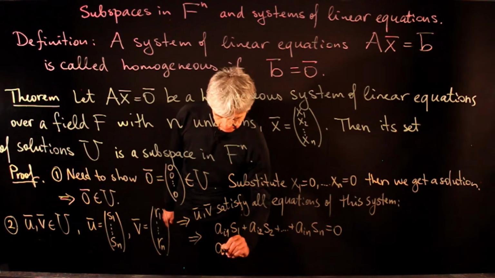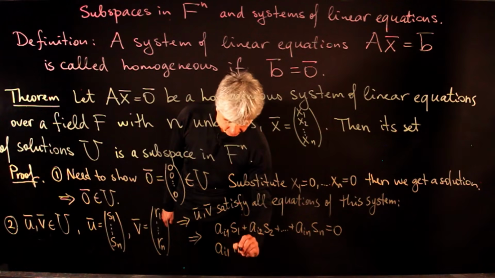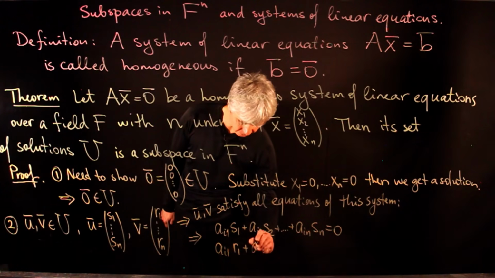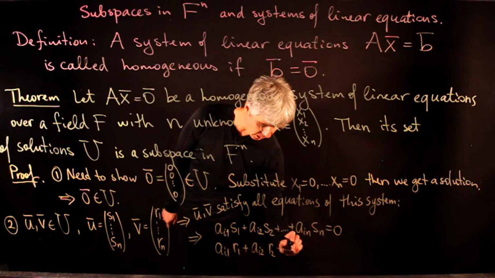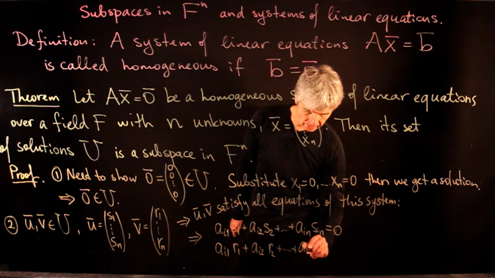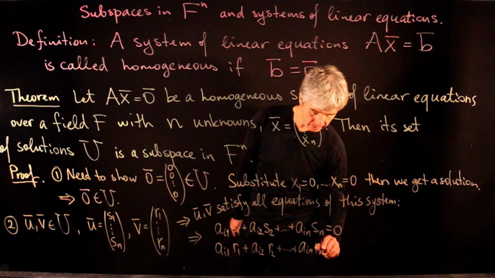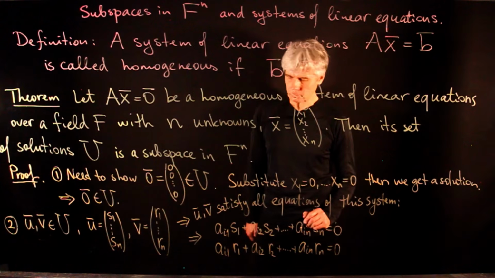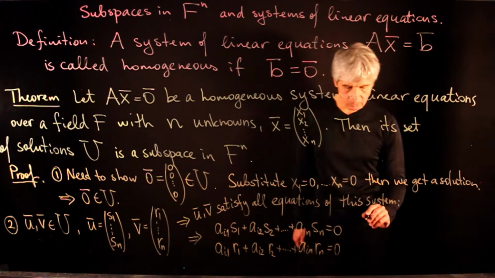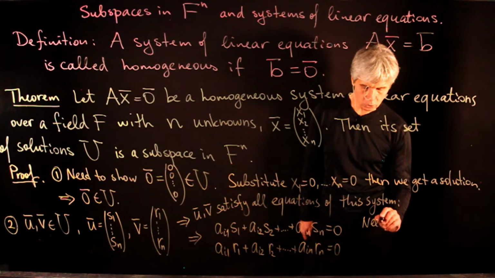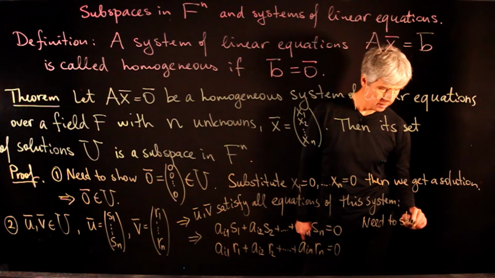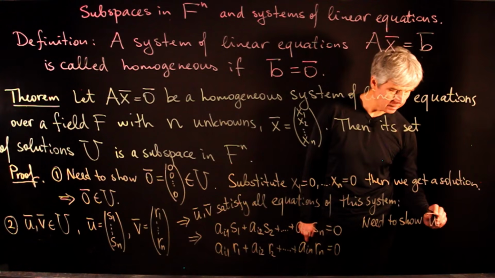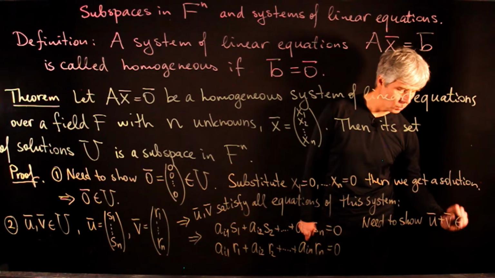This means that ai1 r1 plus ai2 r2 plus up to ain rn is equal to 0. So what do we need to show here? We need to show that u plus v is in U.